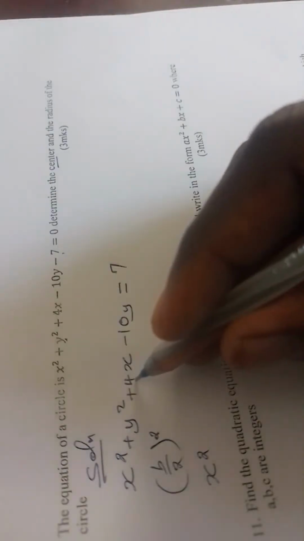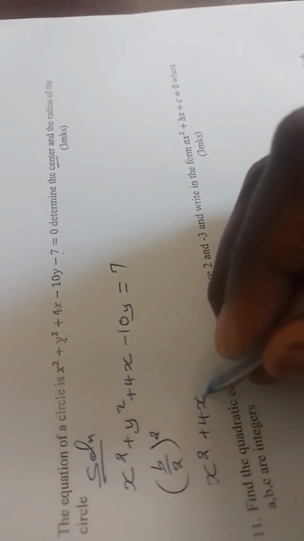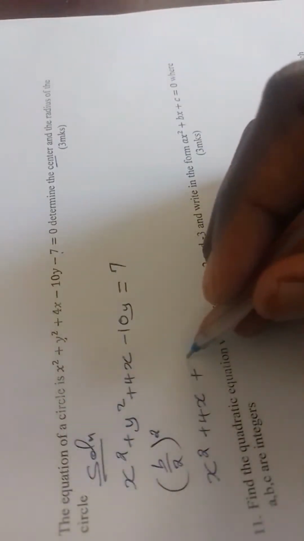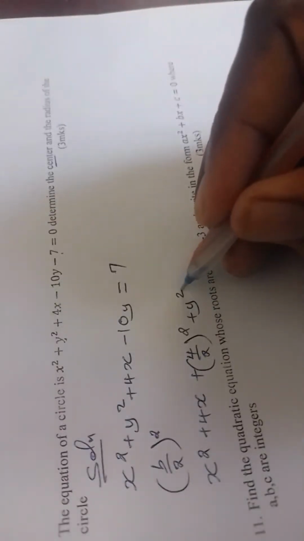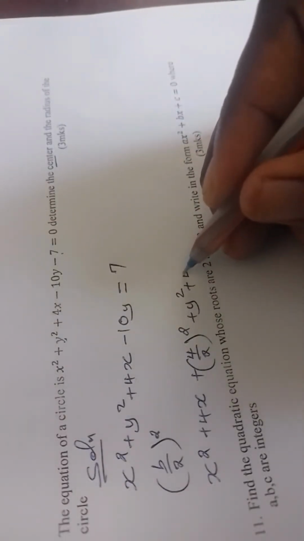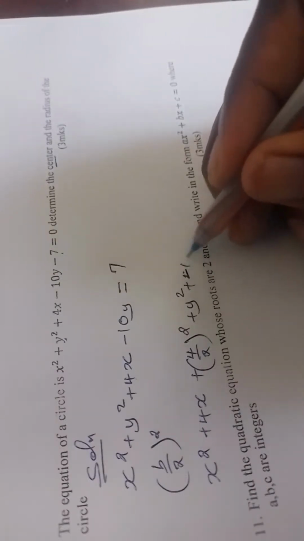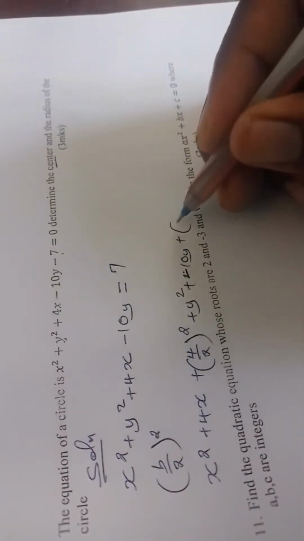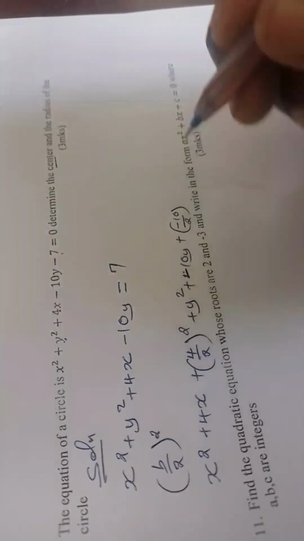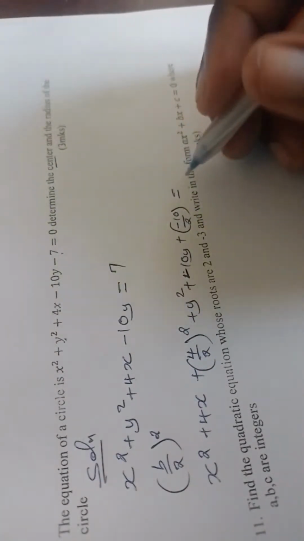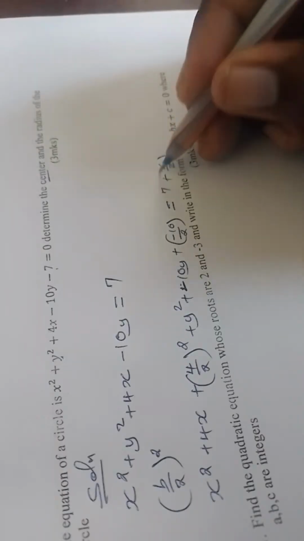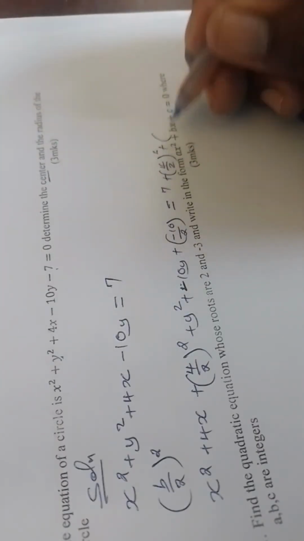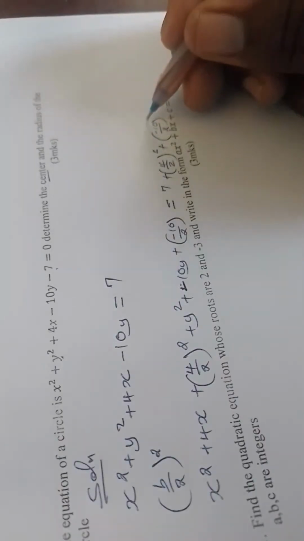So this one will be x squared, then plus 4x, then plus 4 divided by 2 squared, then plus y squared plus negative 10y, then plus negative 10 over 2 squared, equal to 7, then plus 4 over 2 squared, plus negative 10 over 2 squared.